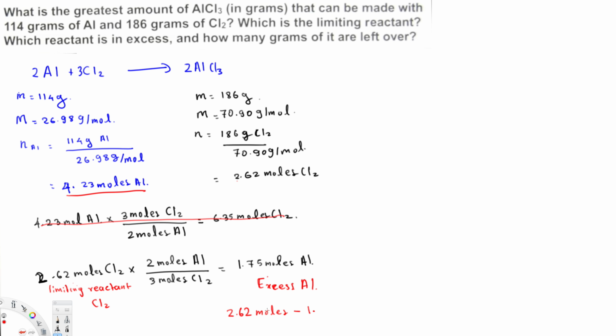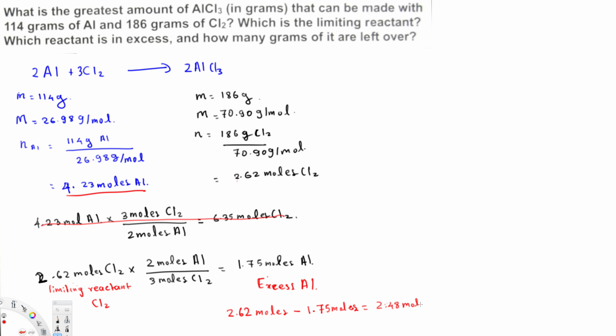So here, if I deduct this 1.75 moles of aluminium, that's going to give me the excess aluminium. So this one minus this one, that gives you 2.48 moles of aluminium.